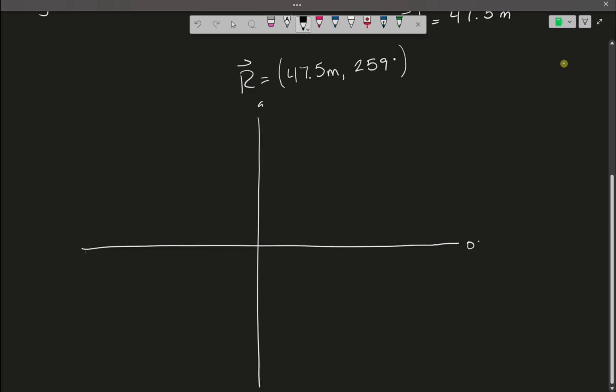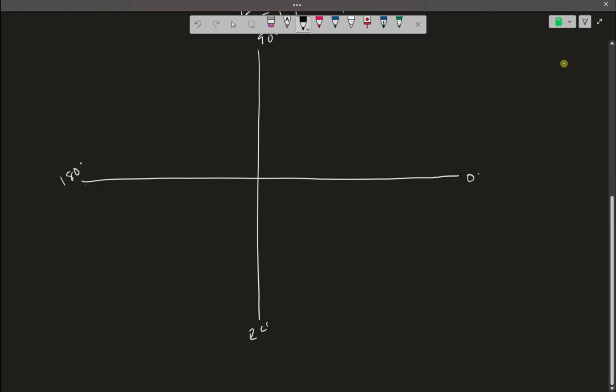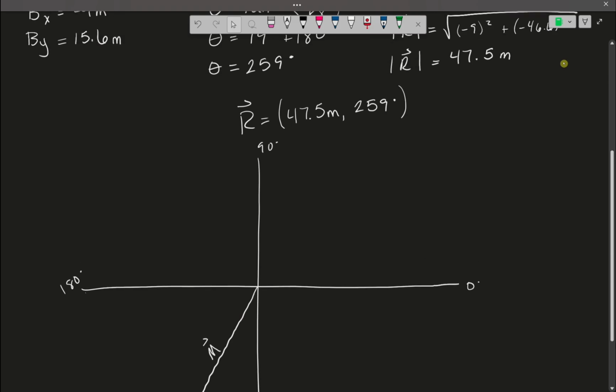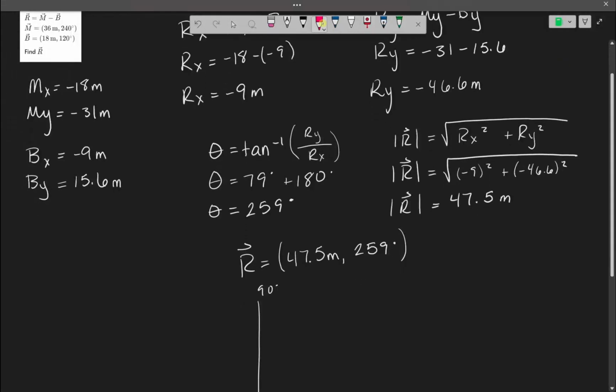So 0, 90, 180, 270. So it would be coming off right about this angle. And then what we need to do is tip to tail, and then we're going to flip it. So I'm going to draw B on there, and then I'm going to flip it. That flip is going to represent the minus aspect of this.